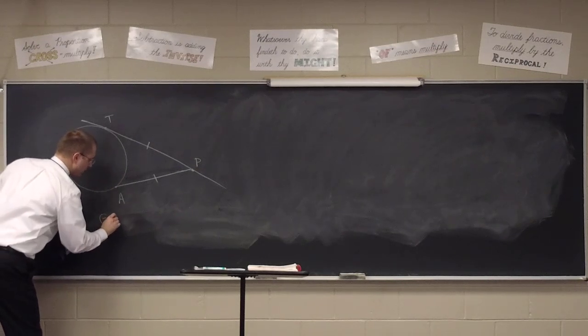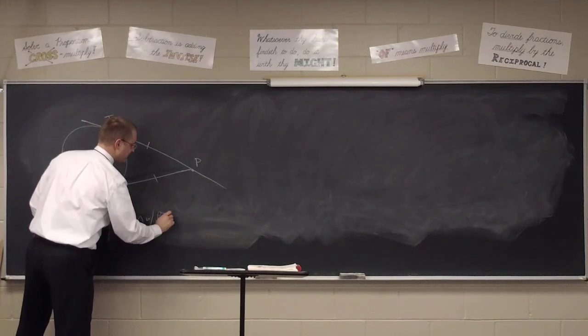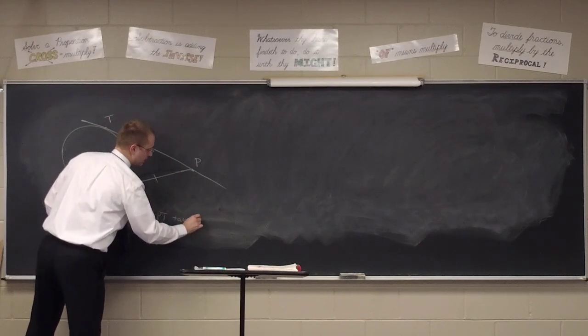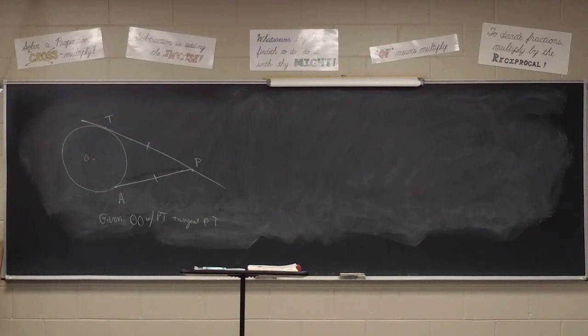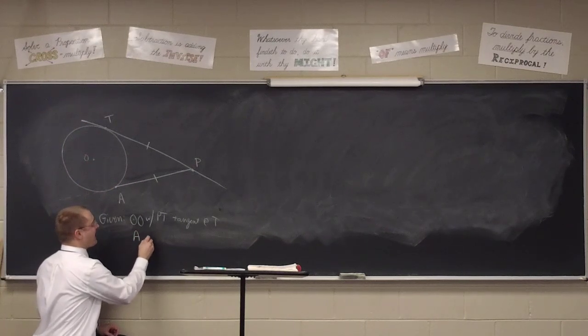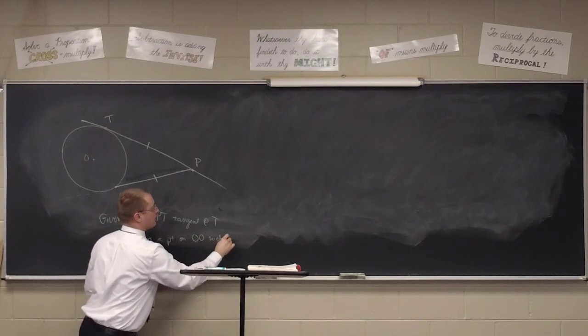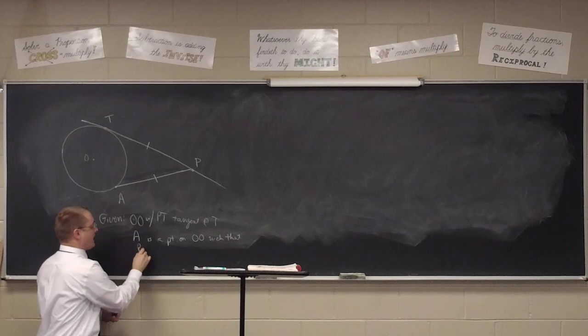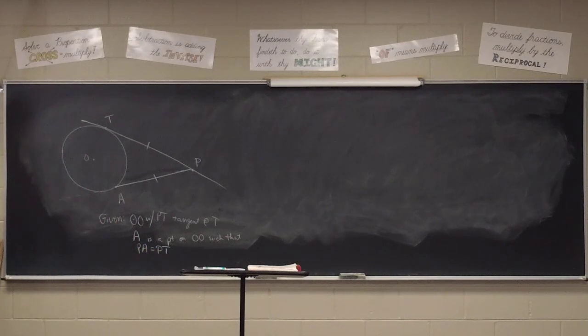We're given circle O with PT tangent at T. A is a point on circle O such that PA equals PT.